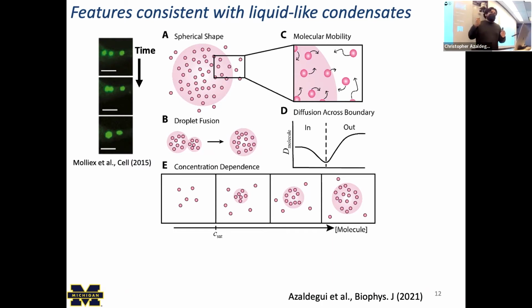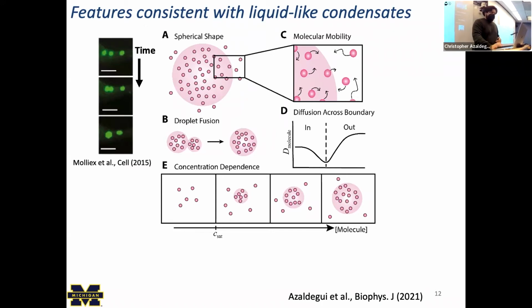And because they are behaving like liquid, you imagine that the components inside of these compartments are quite dynamic, and they're able to both internally rearrange as well as exchange with components outside of the dense phase back into the dilute phase and vice versa.